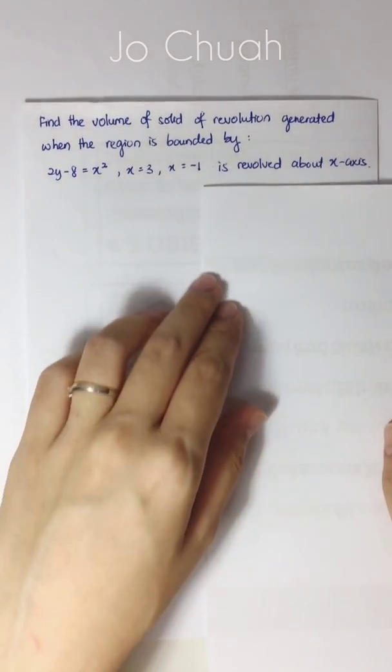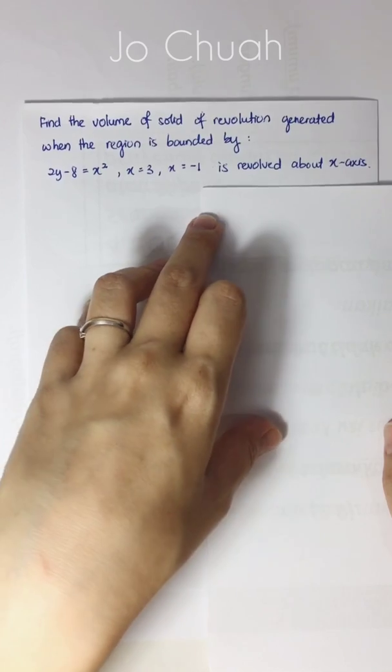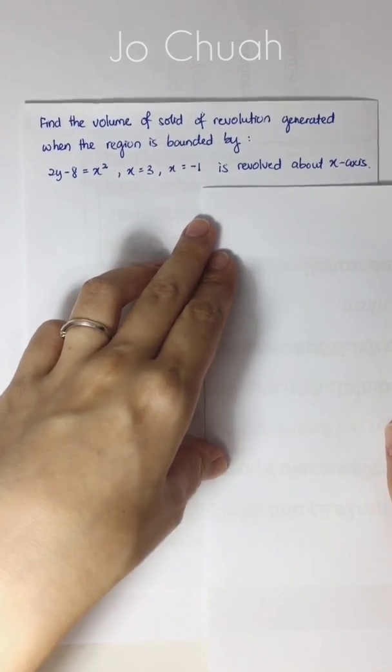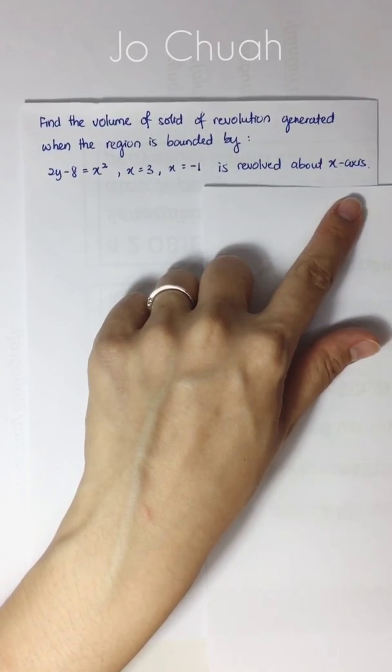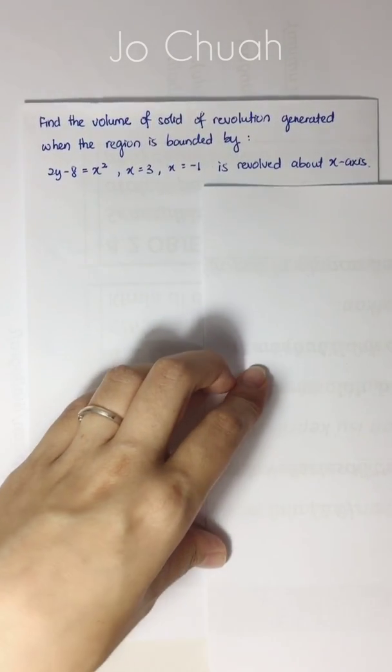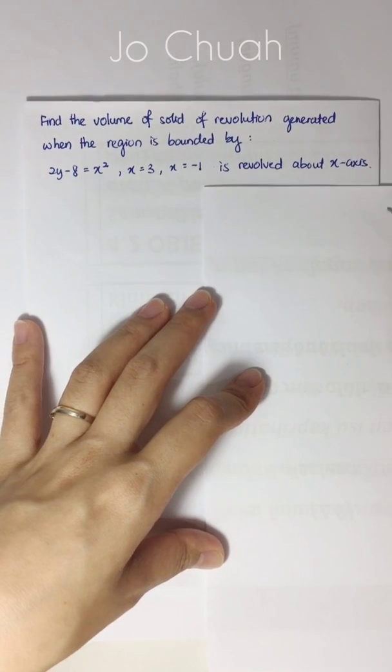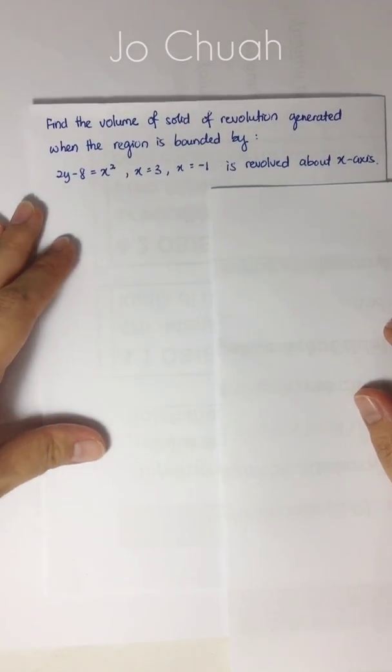So for the volume of solid of revolution, it's rather easy because you're just gonna talk about revolve about x-axis or y-axis. So I'm just gonna go straight to the example to make it clear for you.